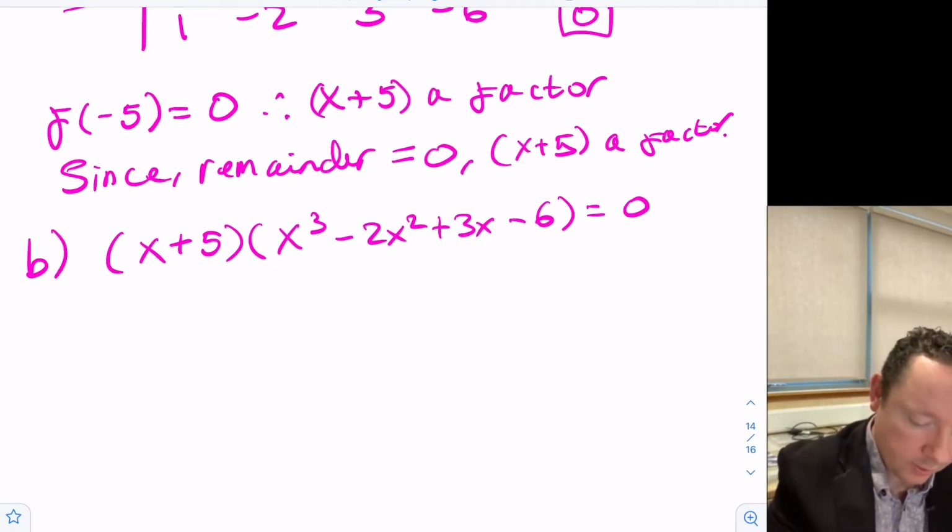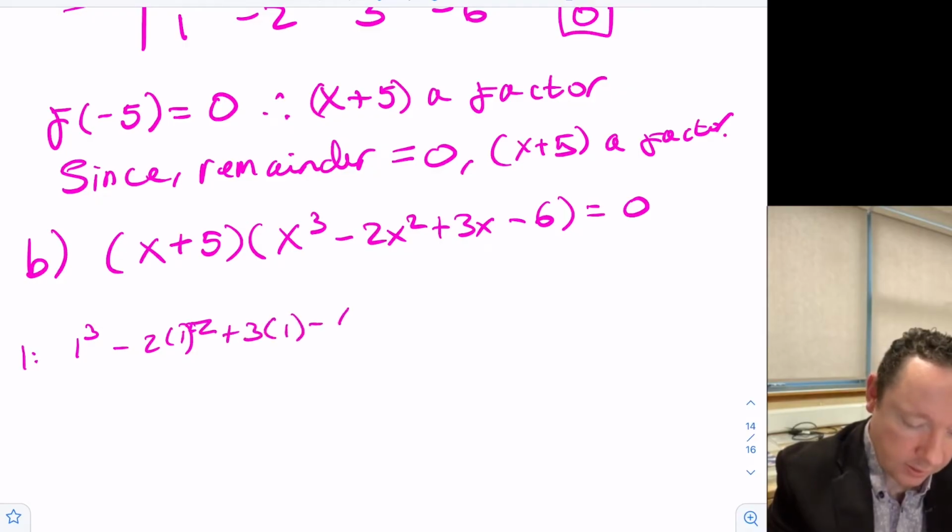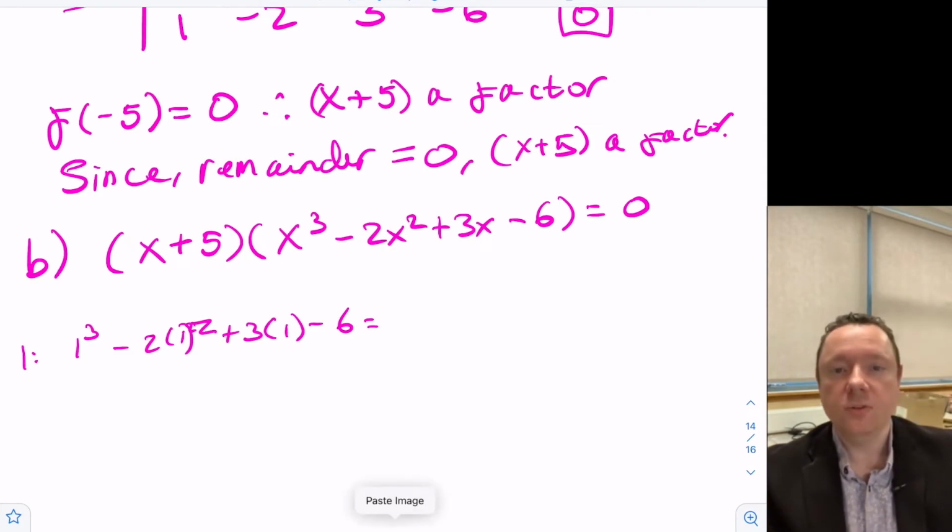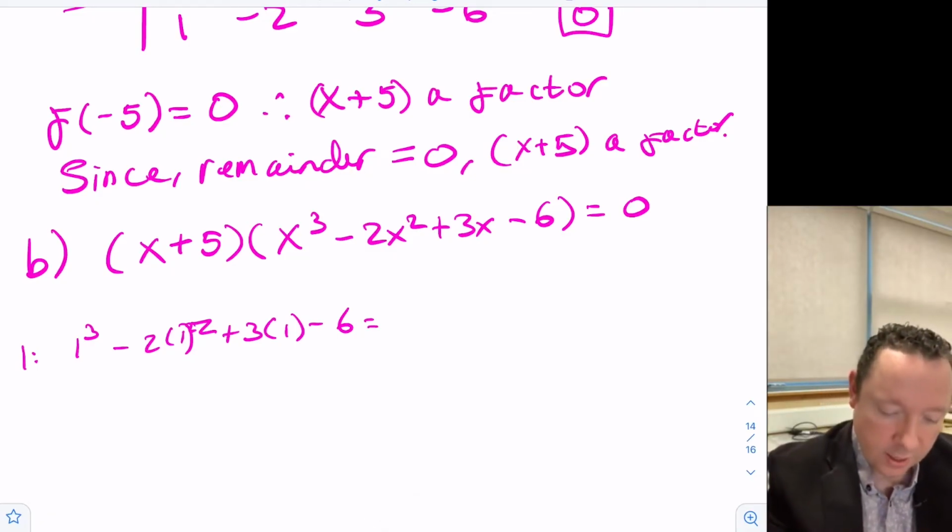So if I try 1, we're going to get 1 cubed minus 2 times 1 squared plus 3 times 1 minus 6. 1 cubed is 1. Minus 2 is minus 1. Minus 1 plus 3 is 2 minus 6 is minus 4.